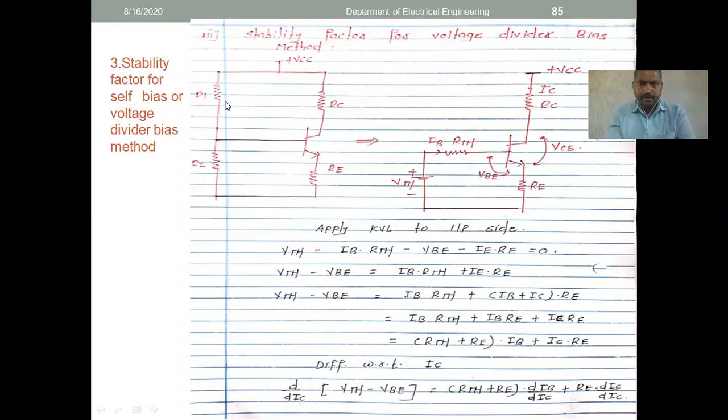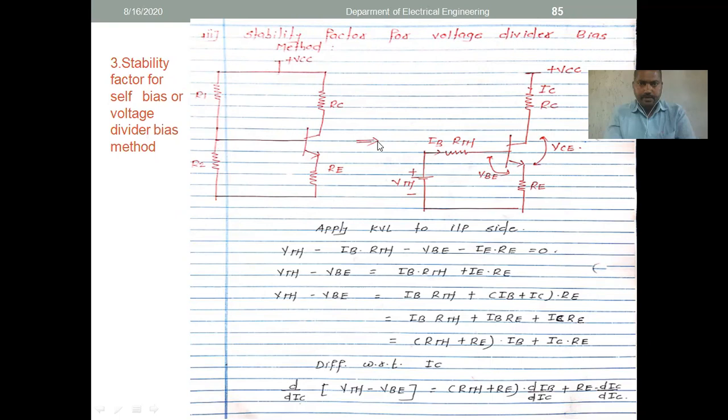So R1 and R2 form an equivalent resistance RTH. The voltage across R1 is V1 and the voltage across R2 is V2. V1 and V2 are combined and taken as Thevenin's voltage, VTH. R1 and R2 are taken as a combined resistance, RTH.